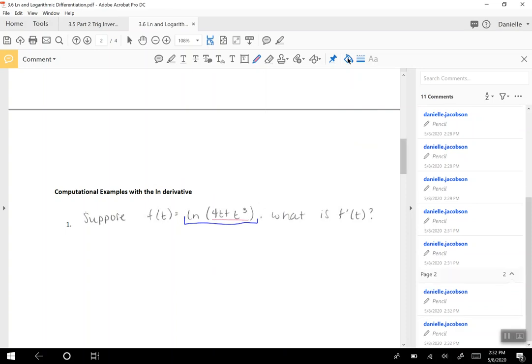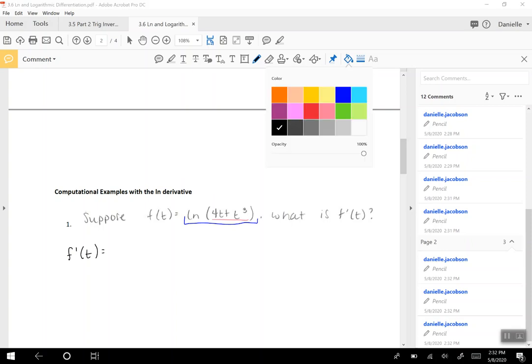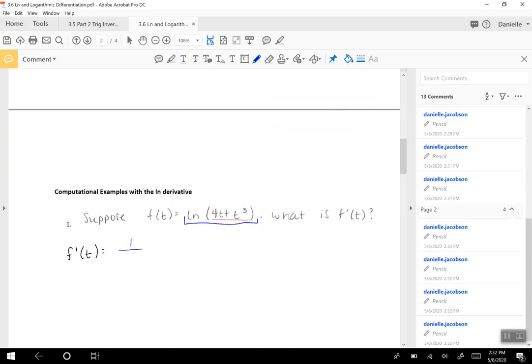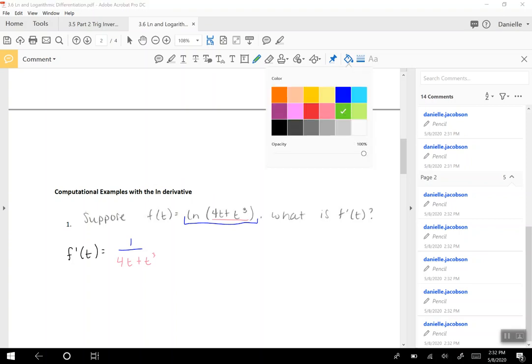I'm going to go ahead and take the derivative here. I would write f prime of t is equivalent to, now I need the derivative of the outside. I see this natural log and I think, okay, I need to write 1 over, and the denominator here is just what's on the inside, so that would be 4t plus t to the third. I still need to multiply by the derivative of the inside.